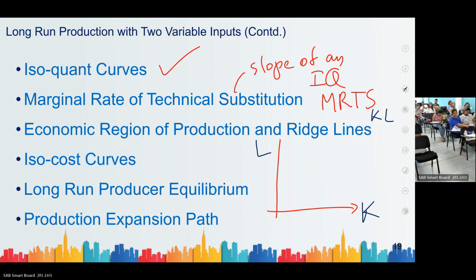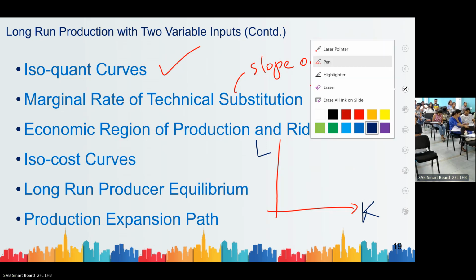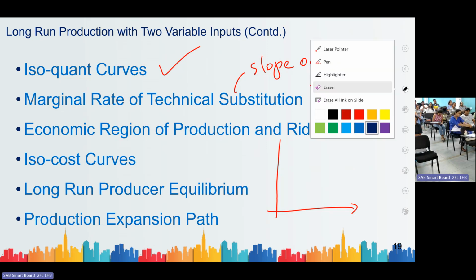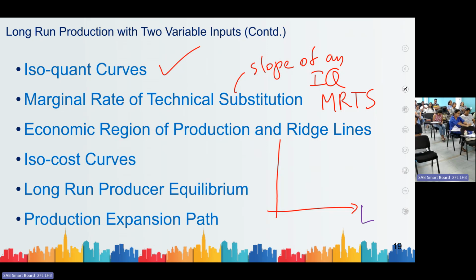But in the typical, usual settings in textbooks, we put labor on the horizontal axis and capital on the vertical axis, and this should be marginal rate of technical substitution of labor for capital. So this is the usual way we identify marginal rate of technical substitution.